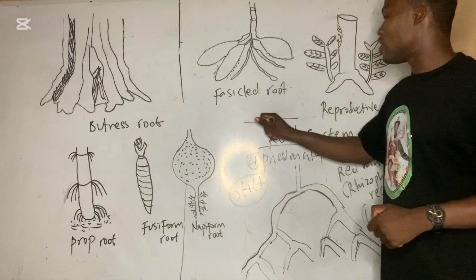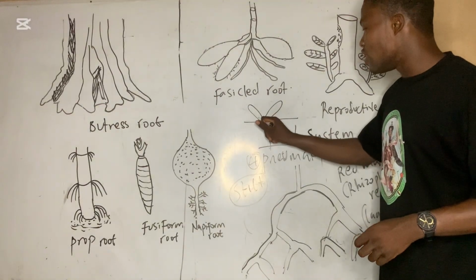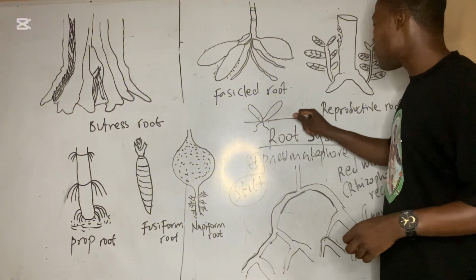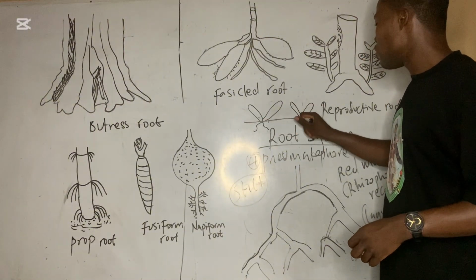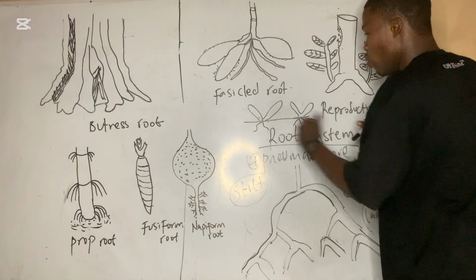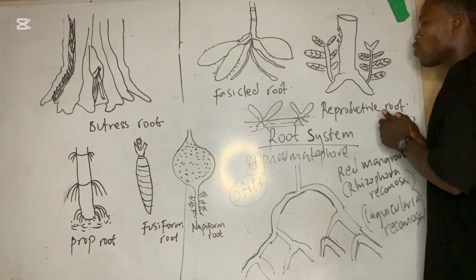We have leaves, and here become my roots. This is all water. So what's the function of this root?